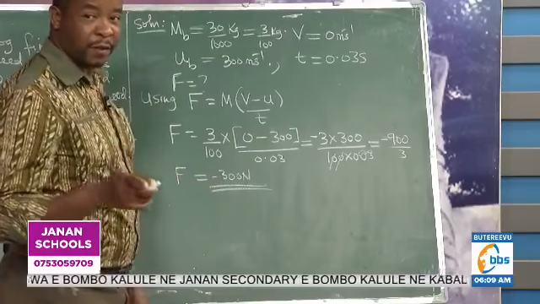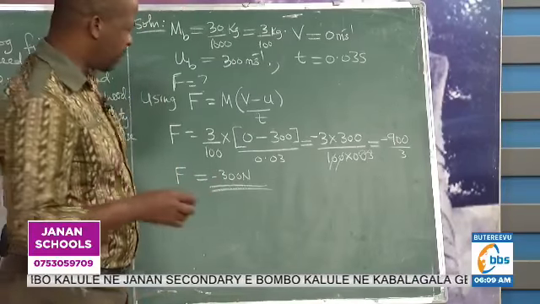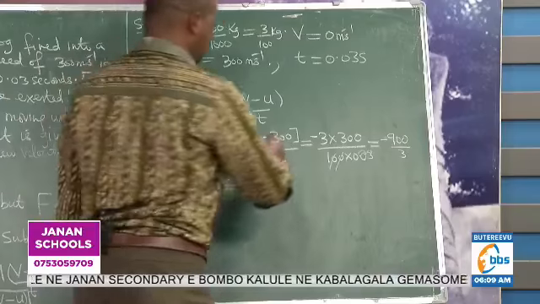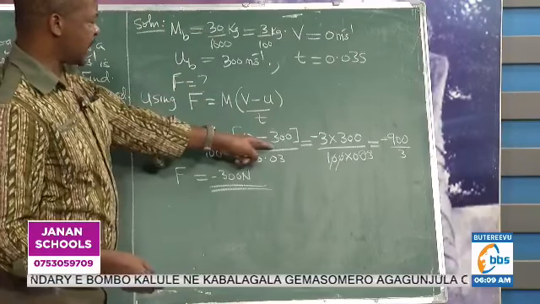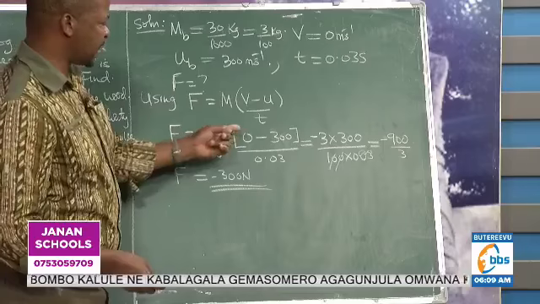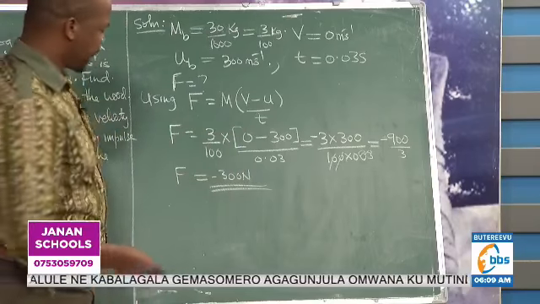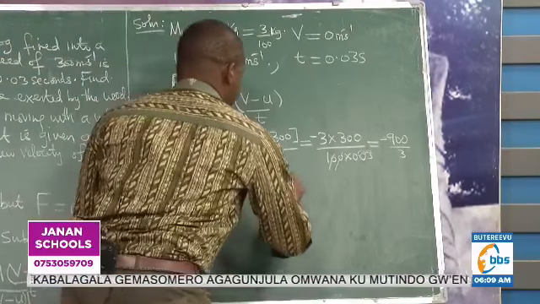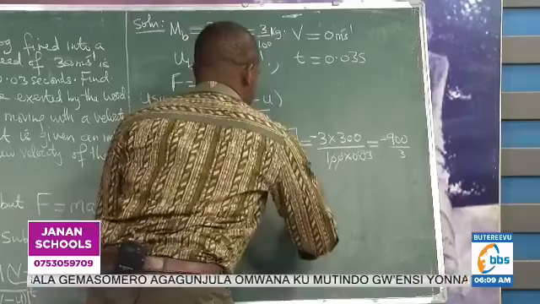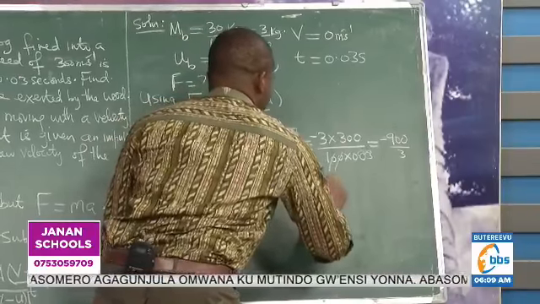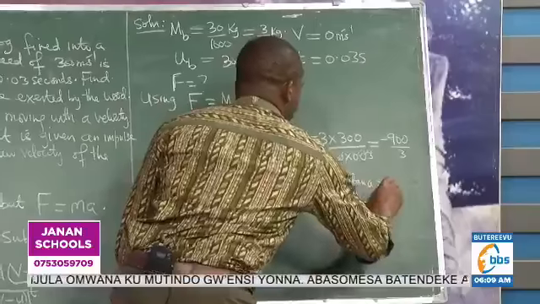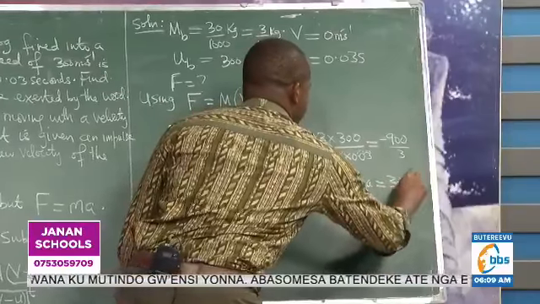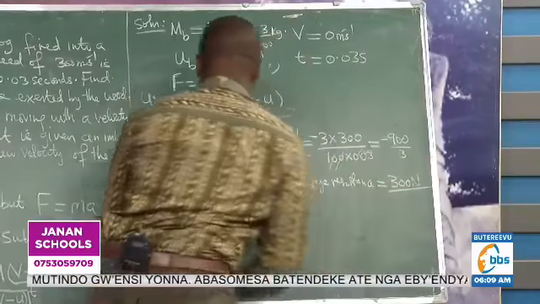Remember, force is a vector quantity, and therefore we can take a magnitude. Alternatively, we could feed in this as a magnitude, and we say it is 300 minus 0. So we are saying that the average resistance will be equal to 300 newtons.